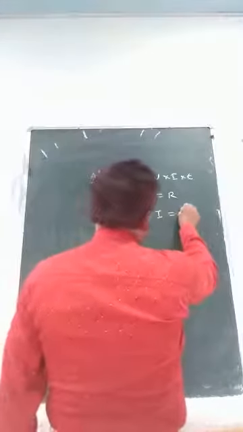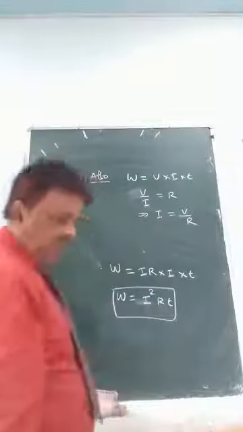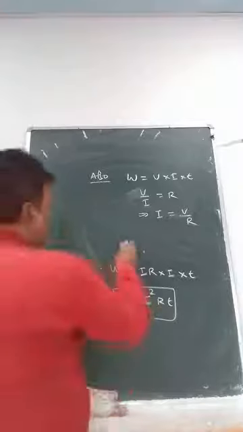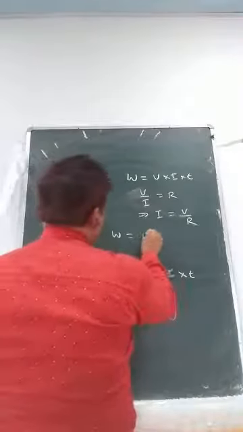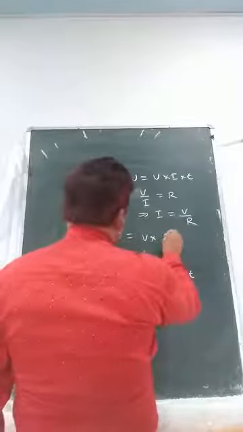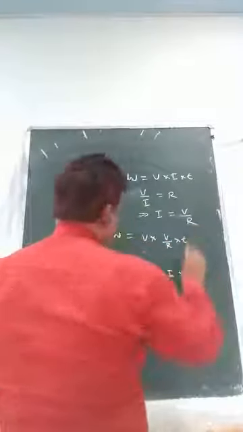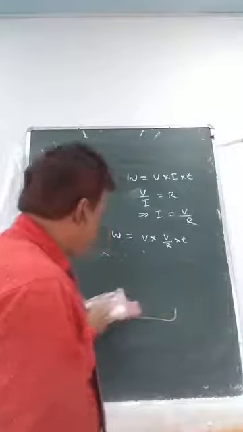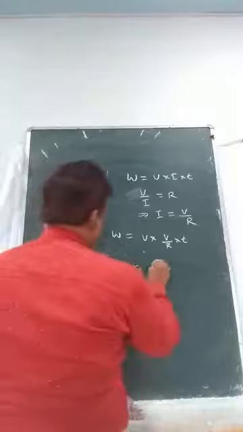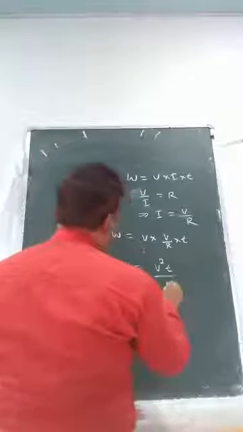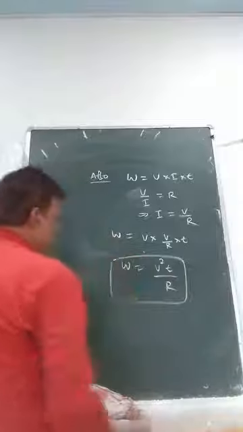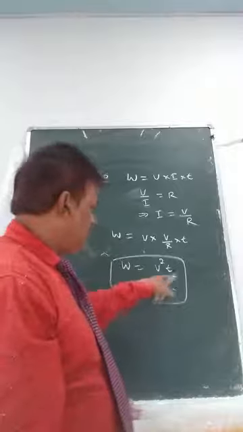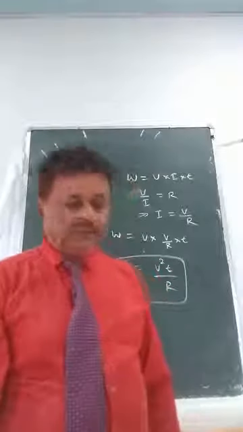I equals V by R. So I is V by R, what shall I get here? Work done equals V into V by R into T. Got the point? So the next formula for work done is V square T by R. You use this formula when the potential is given, the flow of current is not given, resistance of the conductor is given, and time is given. So this derivation you have to remember.